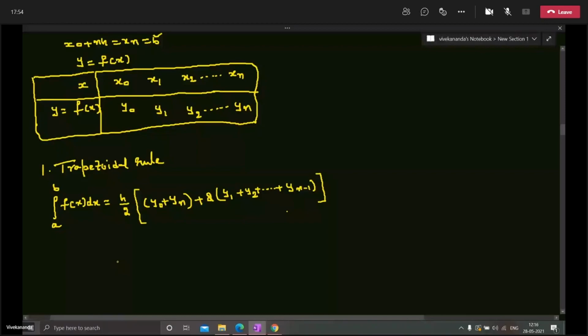So y naught plus yn means the sum of first and last ordinates, plus 2 into the sum of remaining ordinates. You can write the formula for the trapezoidal rule like this also.